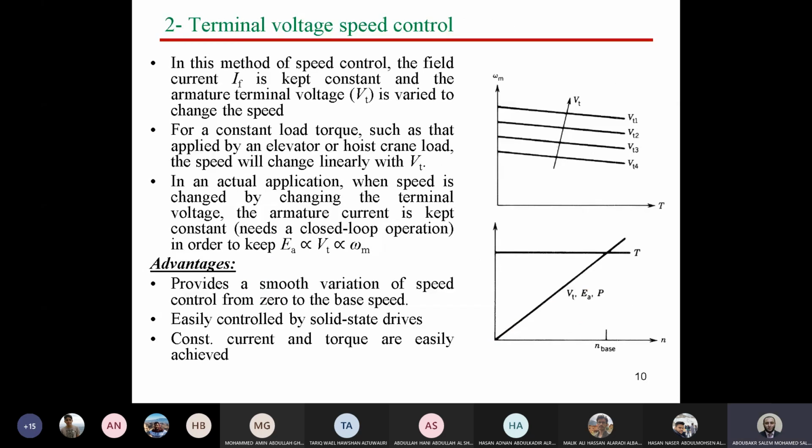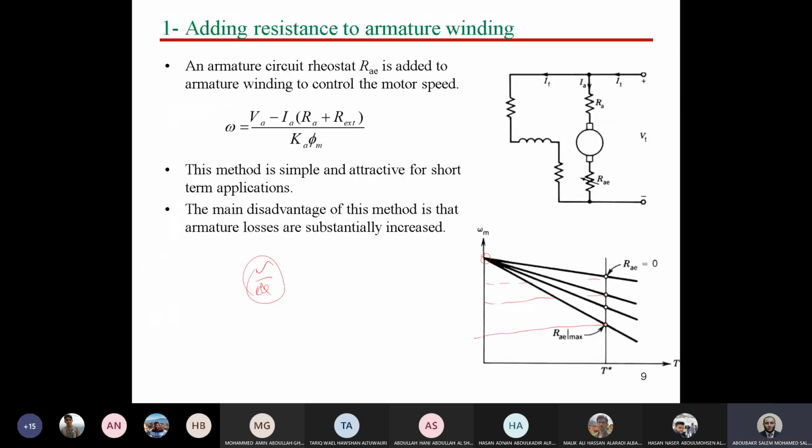Doctor? Please. Can the method that we use in the induction motor, slip recovery, be used here? Slip recovery was used in the induction motor because you already have another winding and you can return the energy to the supply. However, here you have one circuit.